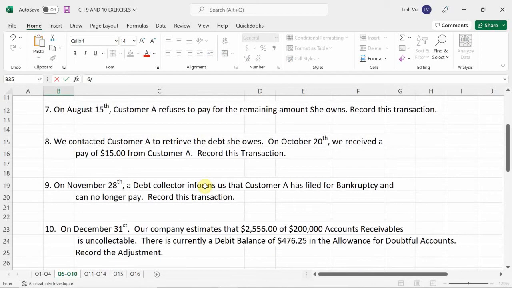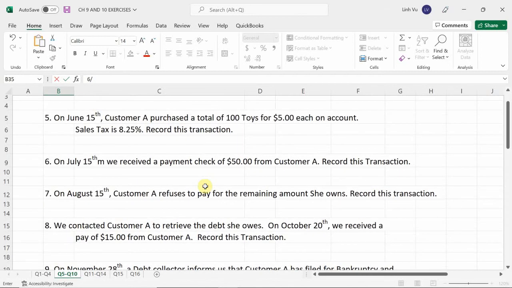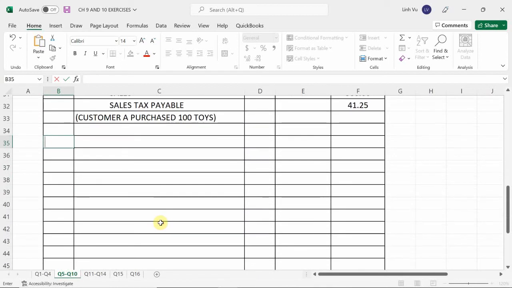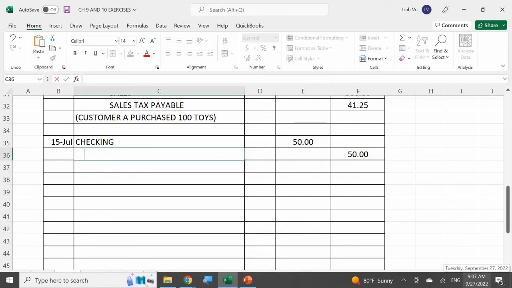We received a check, so you're going to debit checking on July 15. How much did we receive? $50. So then what's my credit going to be? Accounts receivable, because they're paying for what they owe. So this is going to reduce my accounts receivable.